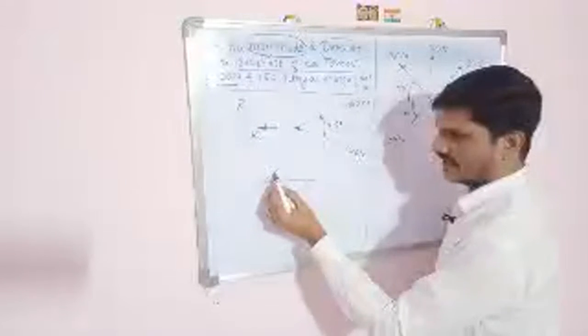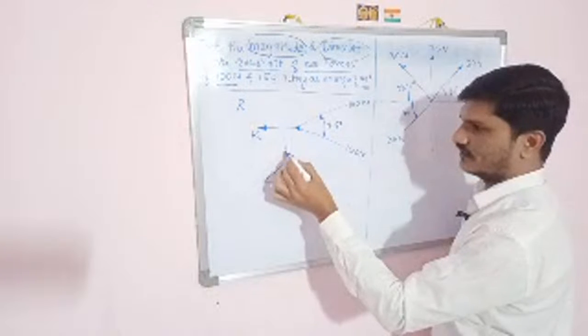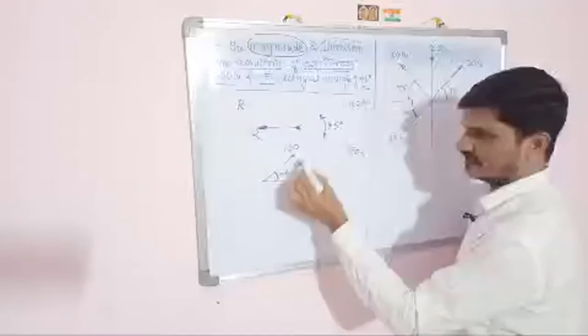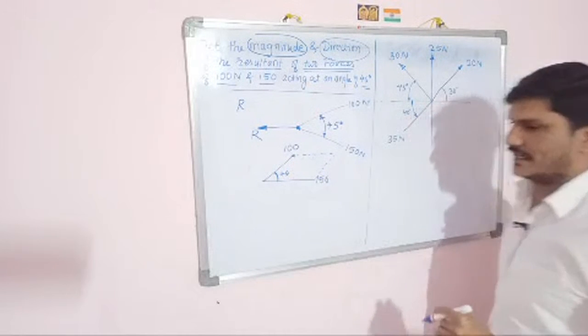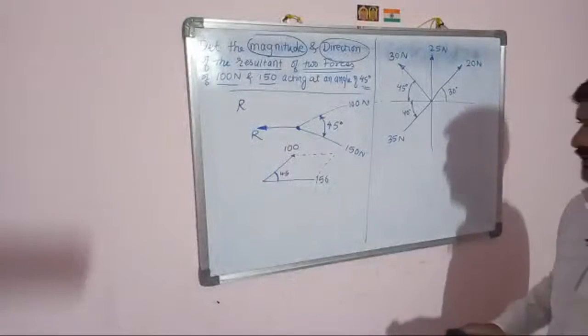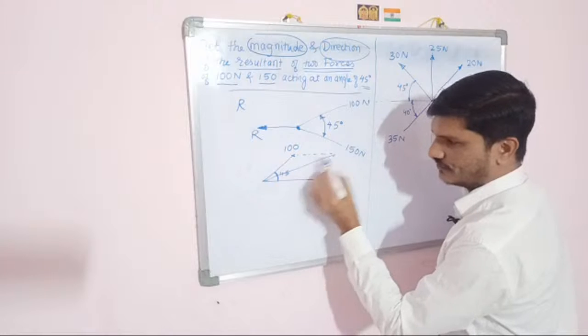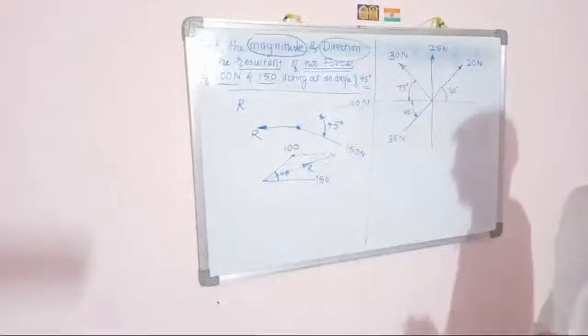The angle between these two forces is 45 degree, force 1 is 100 and force 2 is 150 Newton. Let us construct the parallelogram. So now it becomes a parallelogram. Now the diagonal will be the resultant force. So this is the resultant force.